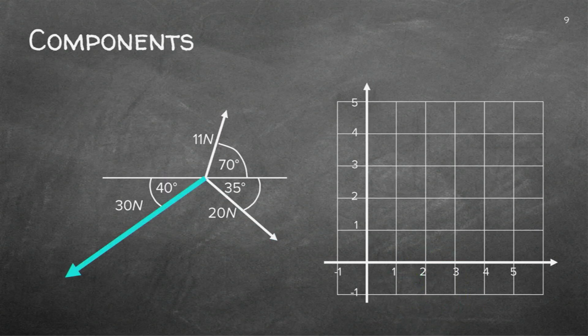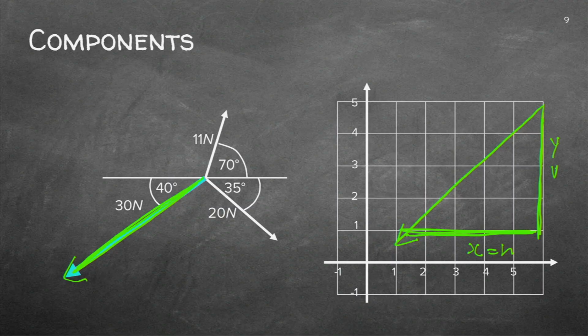The next one, the third component, is the 30 Newtons going down there. My scale is a little bit cockeyed because it's turned around, but I've got my 30 Newton there, and it'll show you that I can then get my horizontal and my vertical, or as I said, the x, which is the horizontal, and the y, which is the vertical.